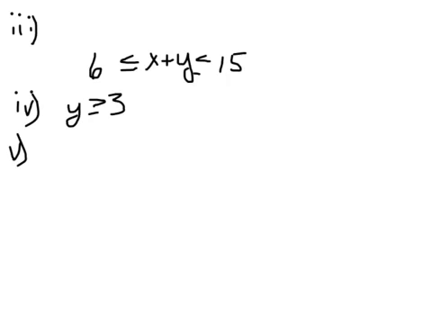Number 5 represents the number of new members must be at least a half of the old members. So new members was y. Y must be at least. So it could be bigger than this, but it can't be smaller than this, right? So the new members must be, I'll put a greater than or equal to, because it could be more than a half the number of old members.